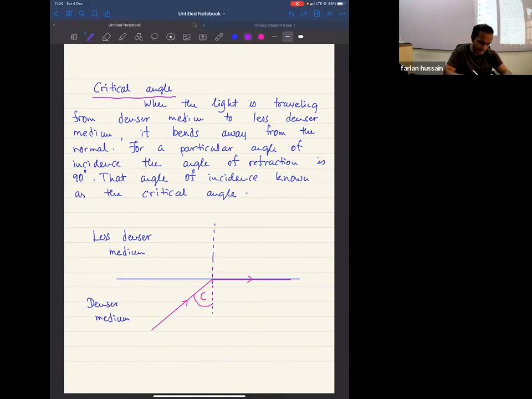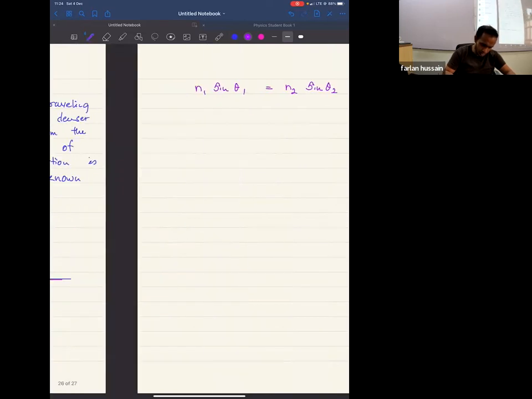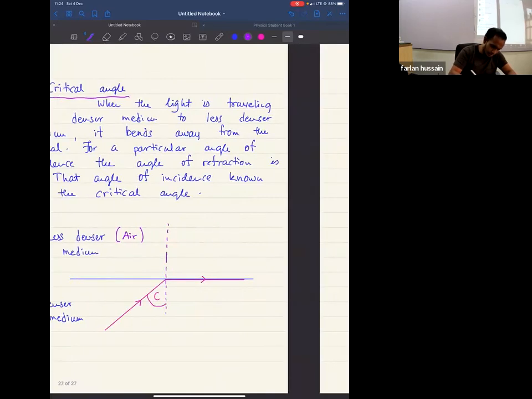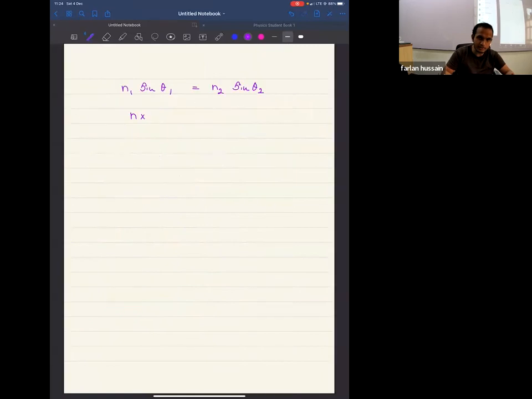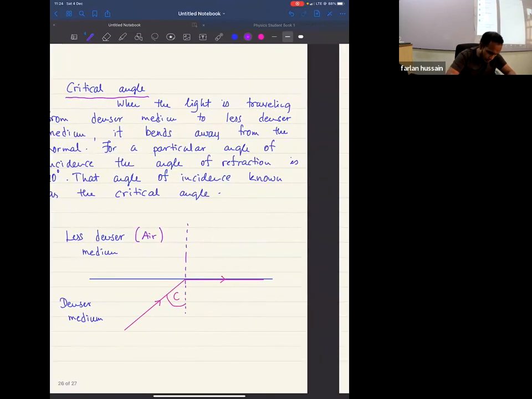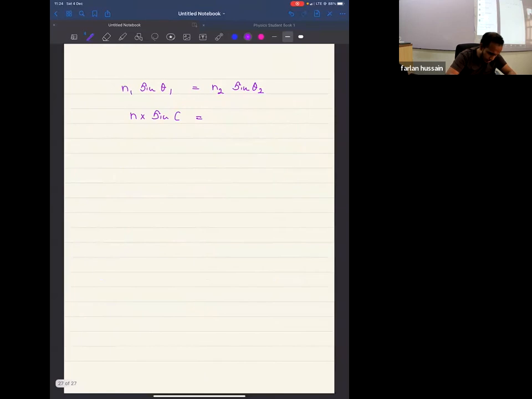And let me take this less denser medium to be air. So the denser medium's refractive index, I will take it as N. Sine theta 1 is sine C. N2, the refractive index of the less dense medium, is 1 if I take it to be air. Sine theta 2 is sine 90.